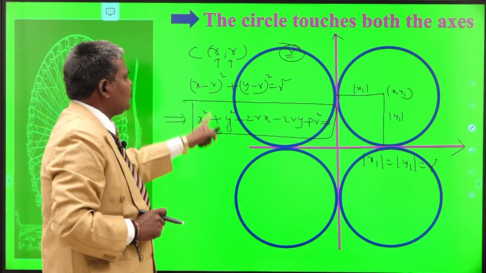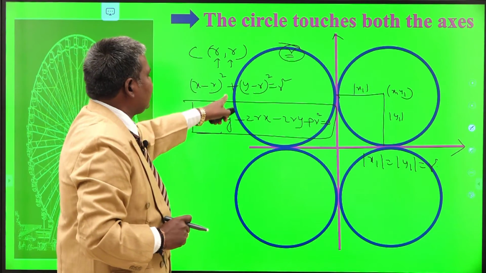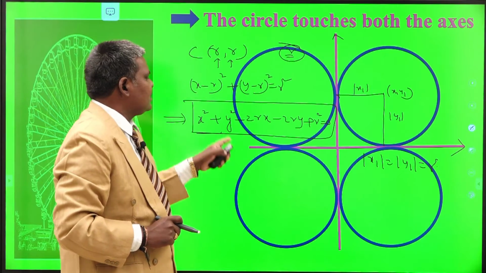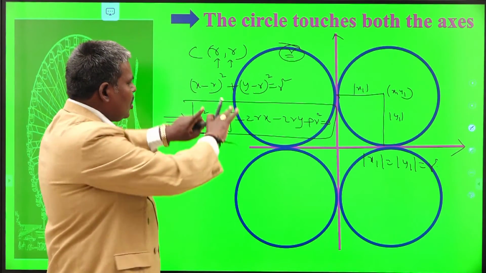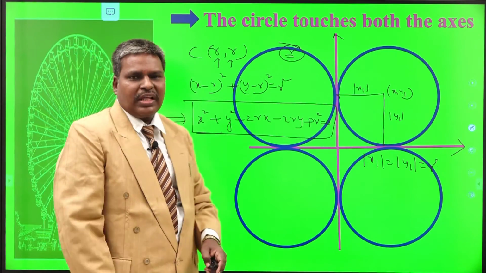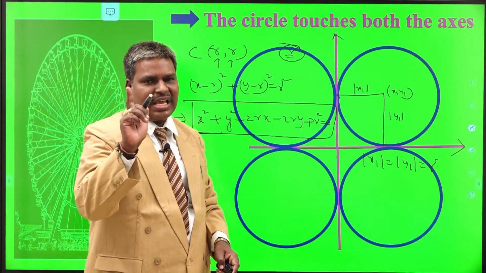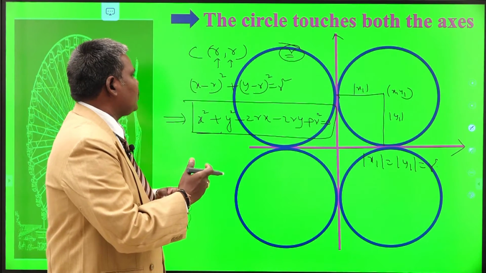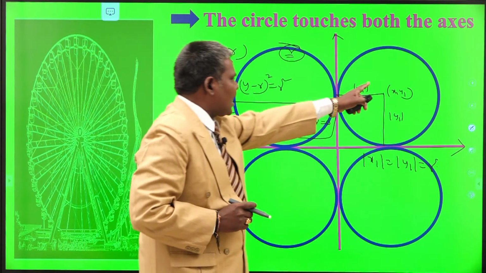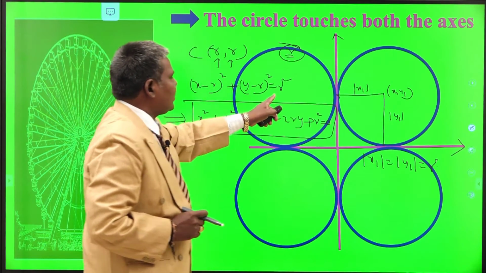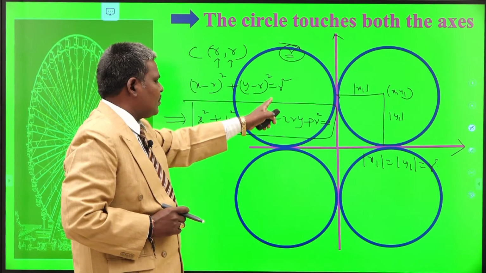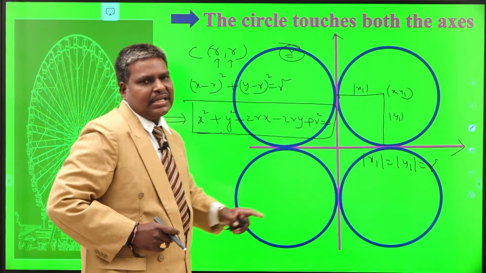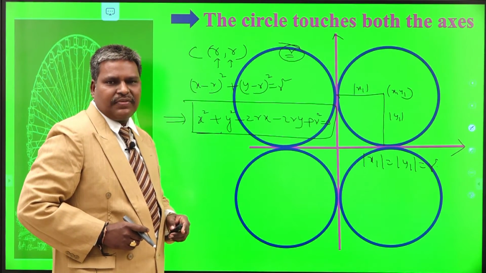And the same situation, we have the circle touching both coordinate axes having radius same r units in the 2nd quadrant. So how many circles we have? Totally 4 circles having same radius with different centers which are in the different quadrants. Note that if it is r comma r, immediately what are the coordinates of center here? Minus r comma r. Here what? Minus r comma minus r. Here r comma minus r are the corresponding centers of the circle.